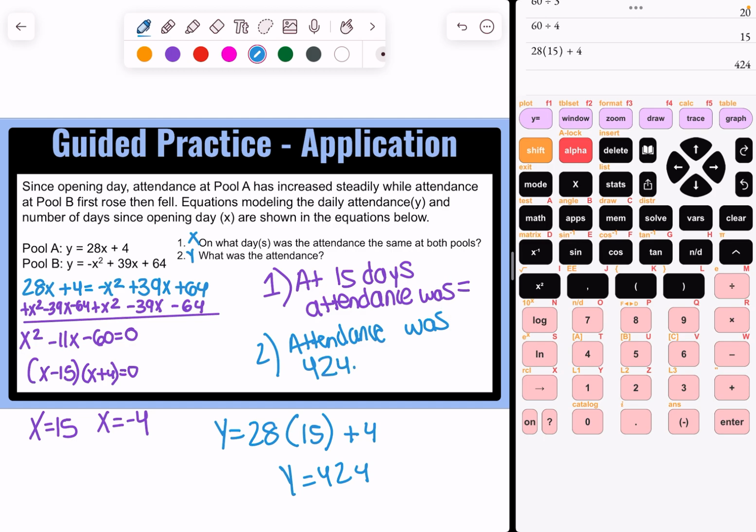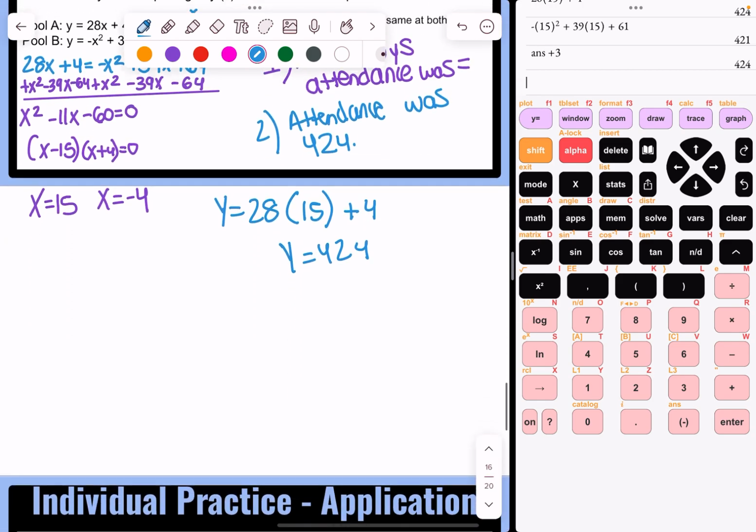All right, I just want to double make sure that answer is right. Negative x squared plus 39x plus 64, and x is 15. Negative 15 squared plus 39 times 15 plus 64. I'm going to say 424. Yes, that's correct.